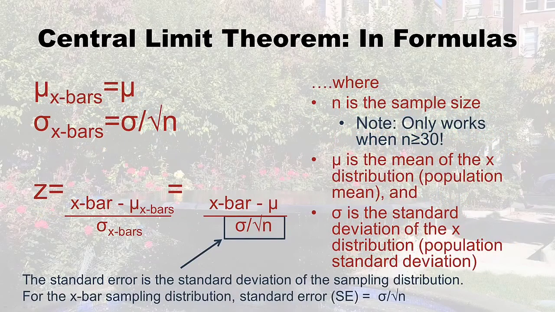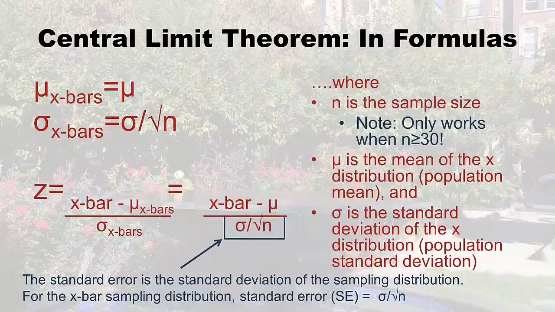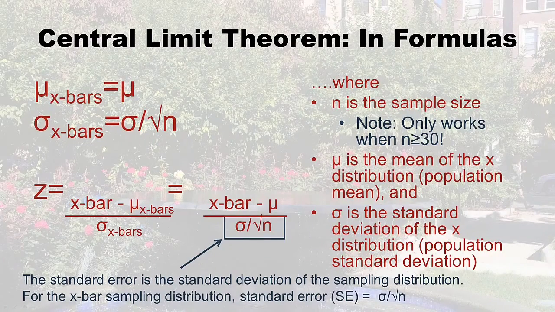So I wanted to point out, first of all, that this whole thing is only supposed to happen if your n is greater than 30, okay? Otherwise, you shouldn't really be doing this. Then the second thing I wanted to point out is that this piece in the lower part of the equation is called the standard error. They named that piece. And part of the reason why I like that they named that piece separately is I usually make that piece before I even do the equation.